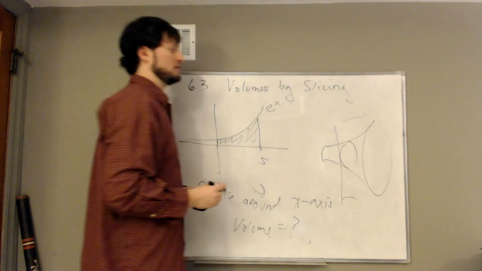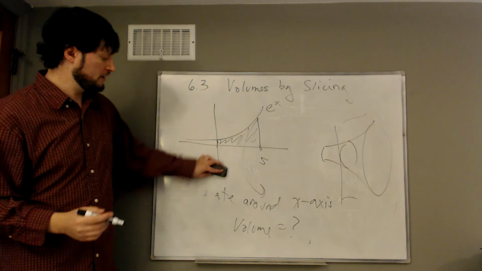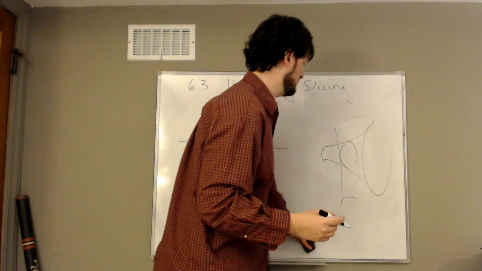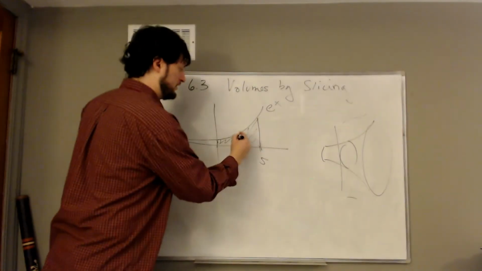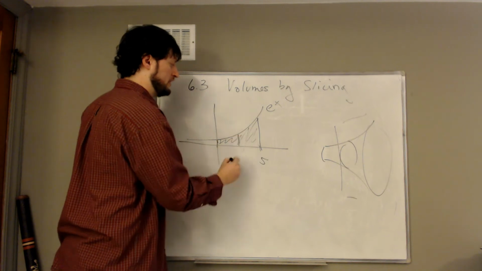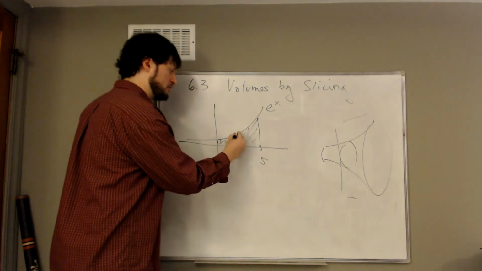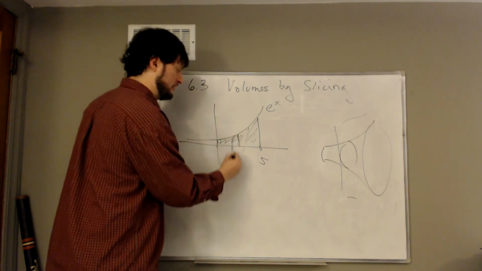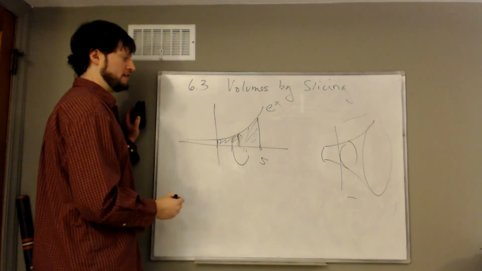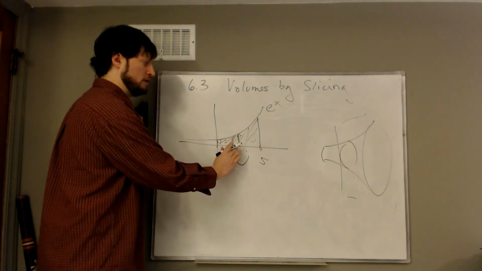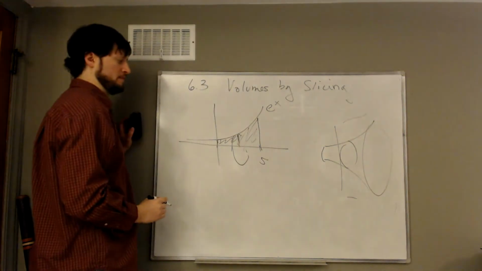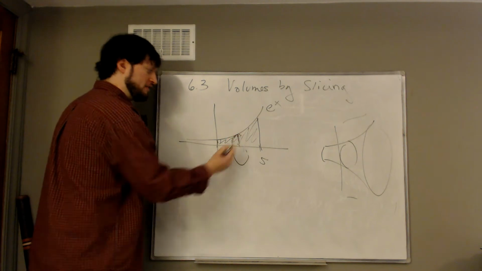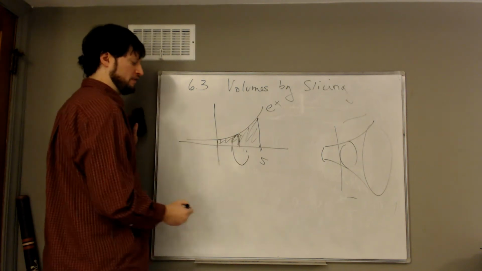We'll see that we'll get a circle. The circle that we get is exactly what we would get if we took this small line and rotated that line around the x-axis. If we rotate that line around the x-axis, then I get this circle that behaves like this circle over here. Notice that the radius of that circle is exactly the height of the function.